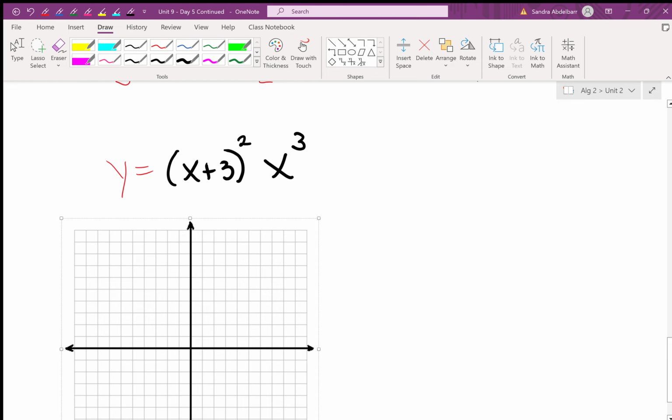There could be factor by grouping on the test for these. There could be GCFs or leading coefficient factoring. So you'll need to know how to factor. Just saying.